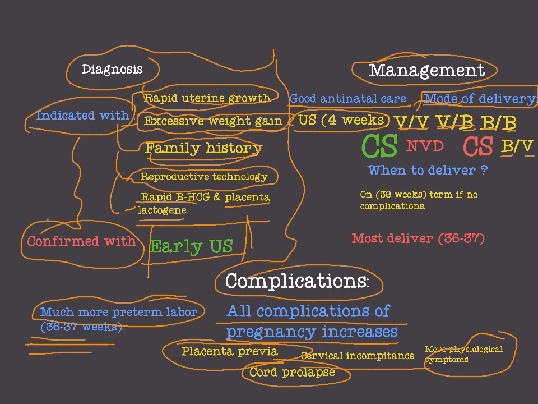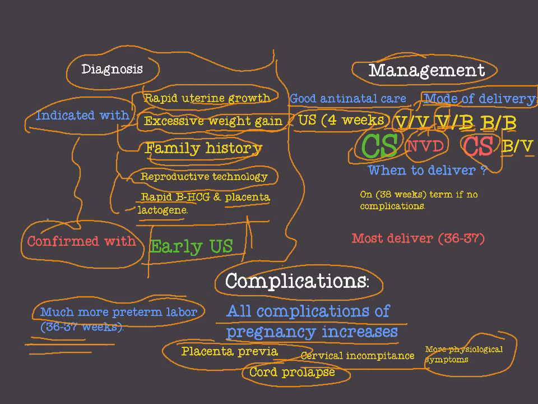Okay, in the case of the first baby in vertex presentation, whatever the second baby is, we will try to have normal vaginal delivery. If it fails, then we move to cesarean section. Okay, in the case of breech presentation of the first baby, in most cases we will start with cesarean section.